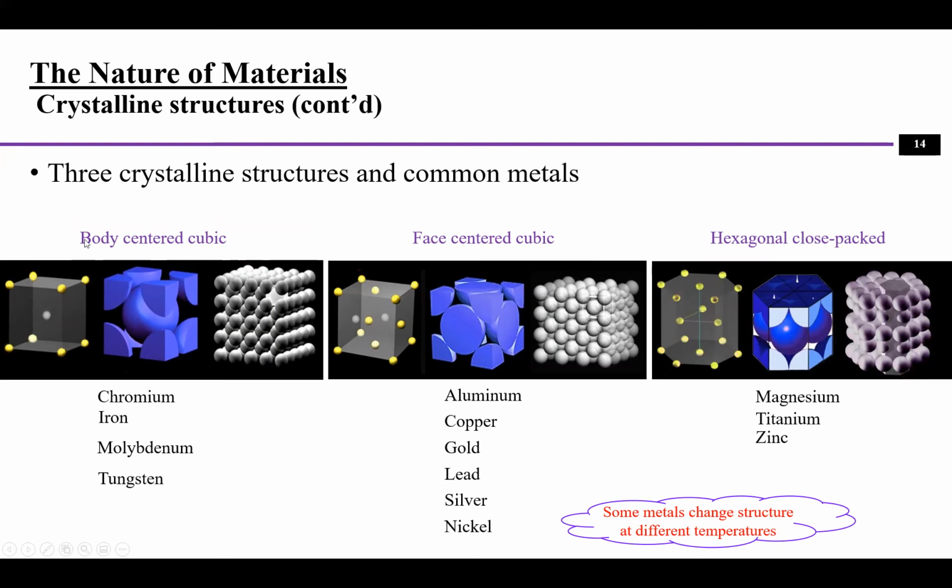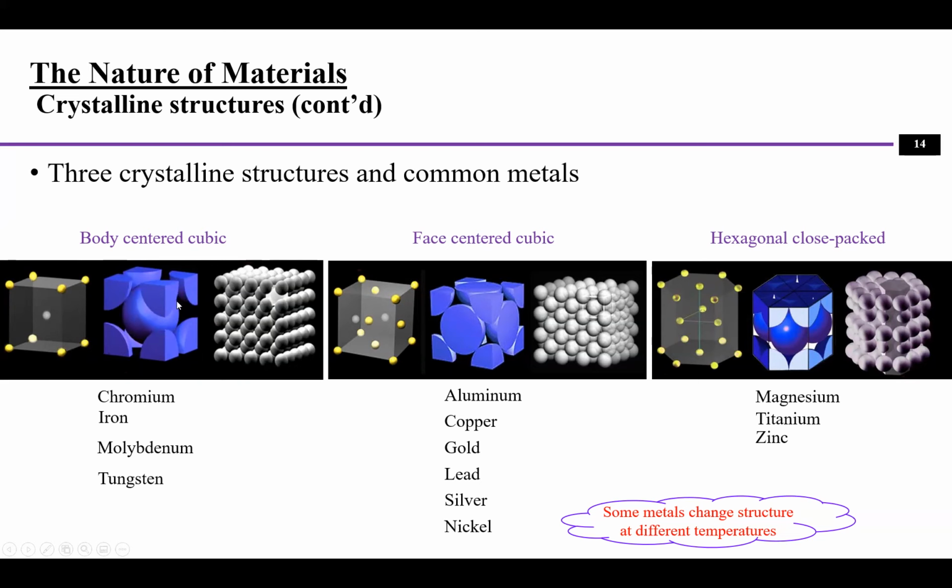One is the body-centered structure. Body-centered means in the very middle, and you can see this is a cube. You can see one atom in the center, and also one at each corner. All these can form a certain pattern, and then those patterns will repeat. This is a more vivid picture of the body-centered crystalline structure.